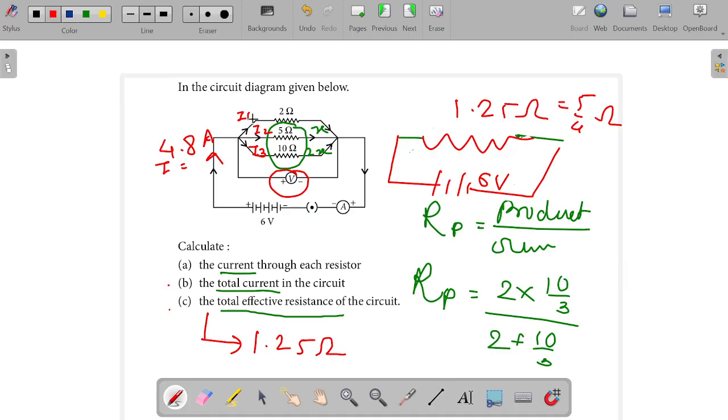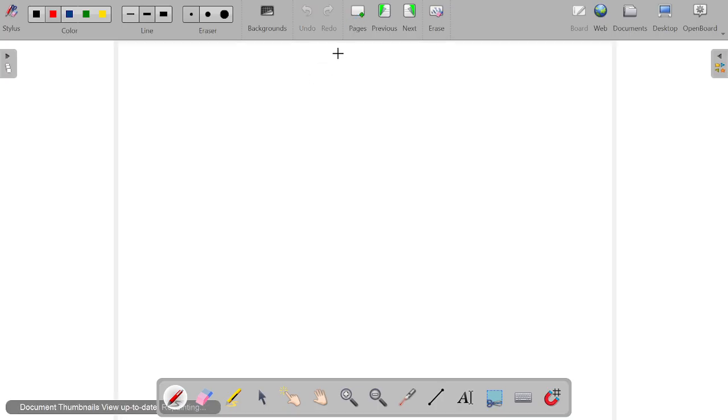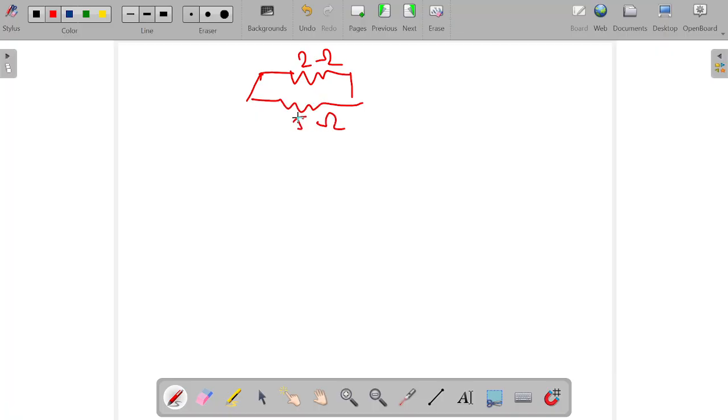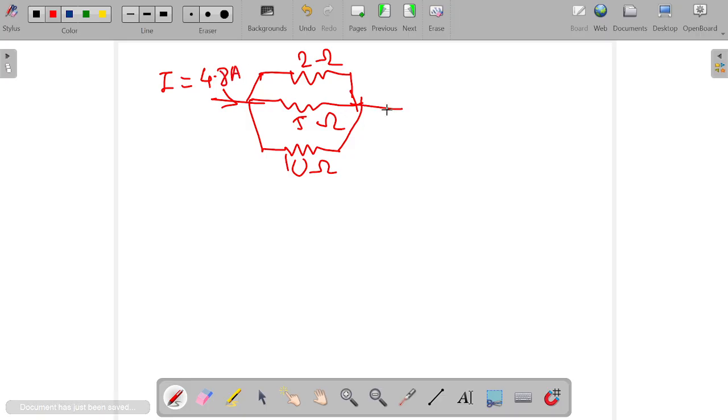Now this total current 4.8 ampere is split as I1, I2 and I3. But we already know that through each resistor, for example this 2 ohm, this 5 ohm, and this 10 ohm, the potential difference applied across it is the 6 volt.